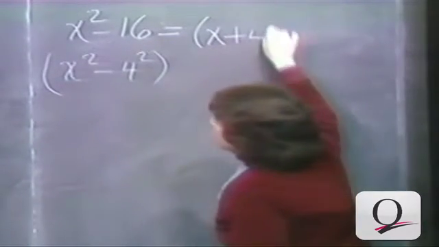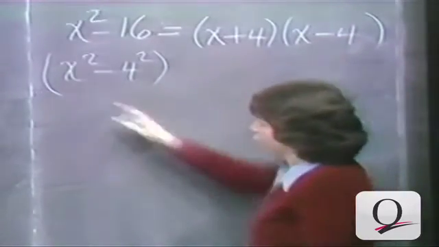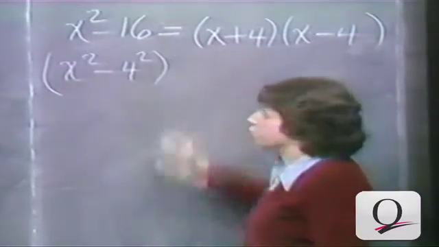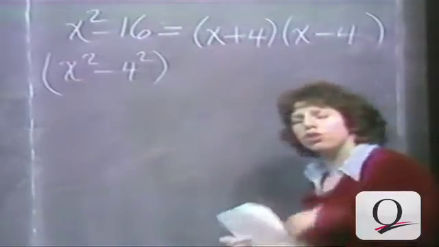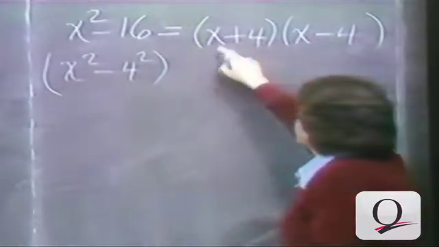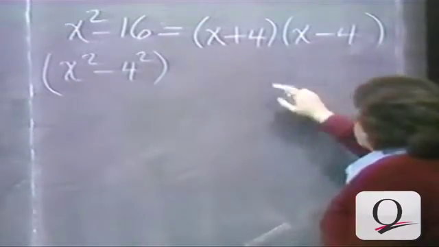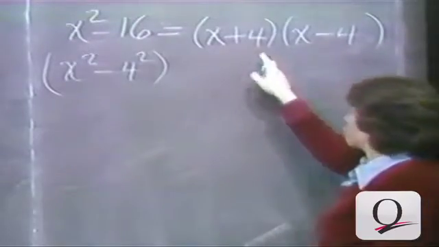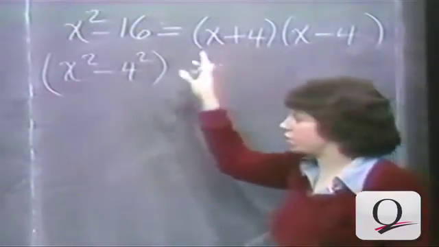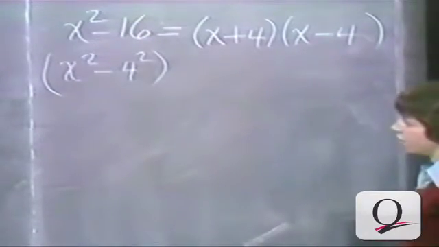It factors into x plus 4 times x minus 4. It's the sum of the numbers, x plus 4, times the difference, x minus 4. Checking it out by FOIL, x squared minus 4x and plus 4x gives you 0x. The middle term drops out, the last minus 16.